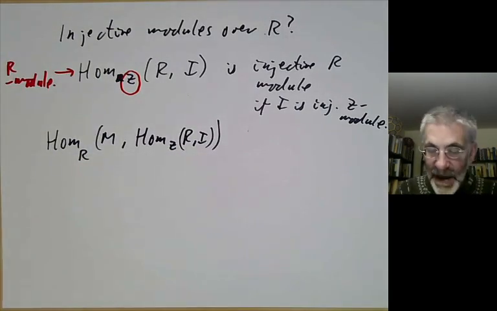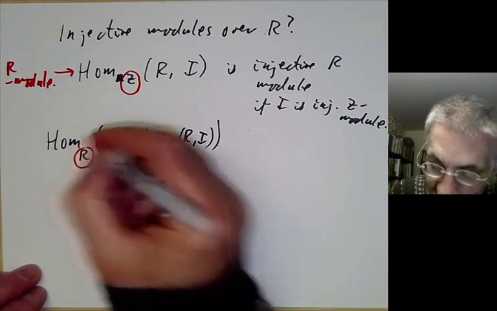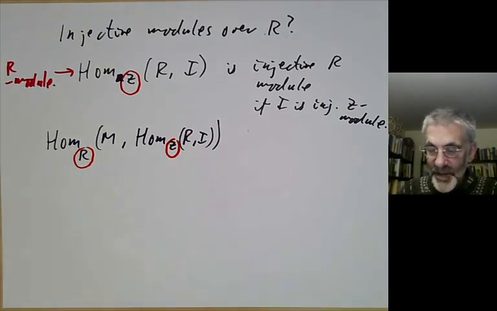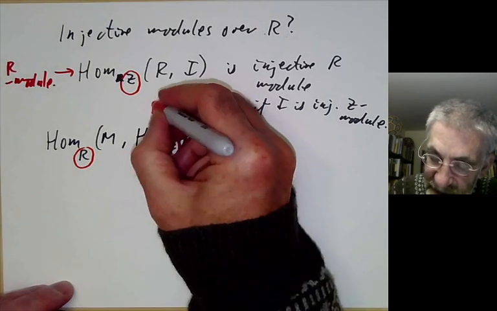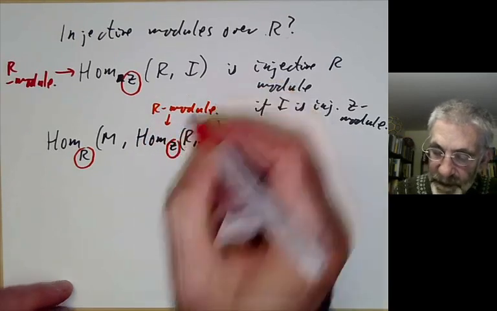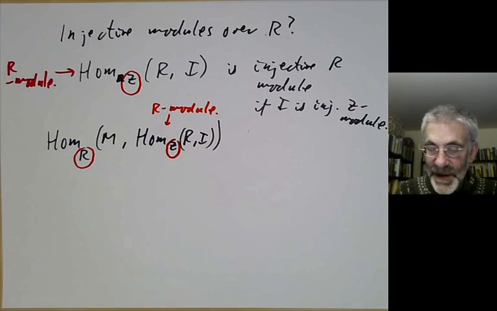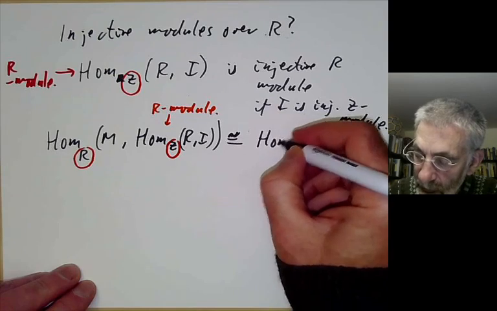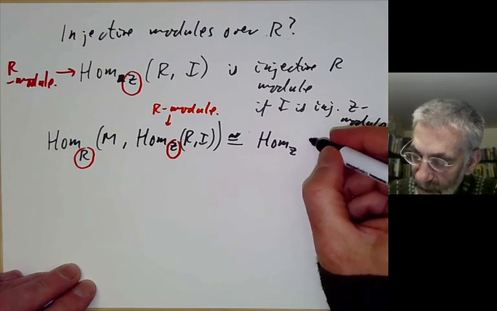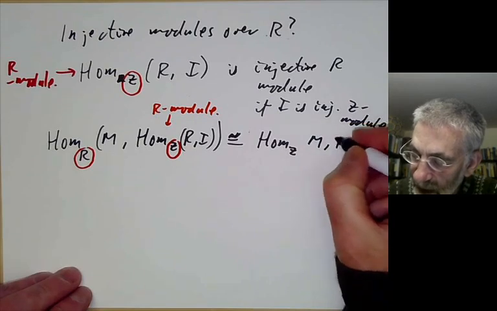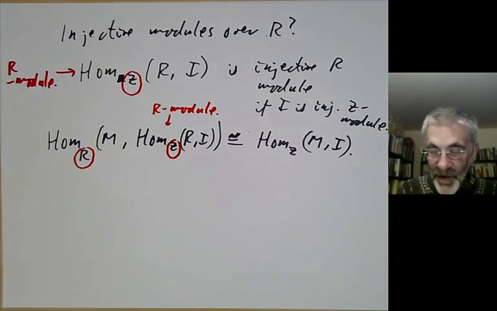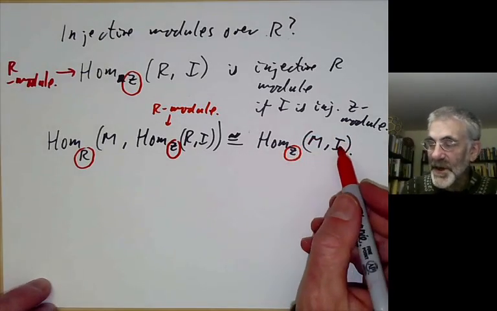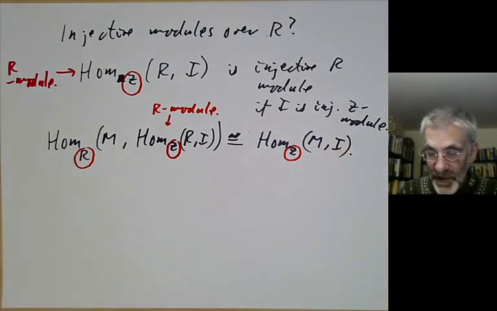And what you've got to be really careful of is we've got an R here and we've got a Z here. So these are not the same. And here we're thinking this is an R module. And the key point is that this is naturally isomorphic to hom over Z from M to I. And again, we've got to be really careful that we're taking homomorphisms over Z, not over R. In fact, it wouldn't make much sense to take them over R because this is not an R module.